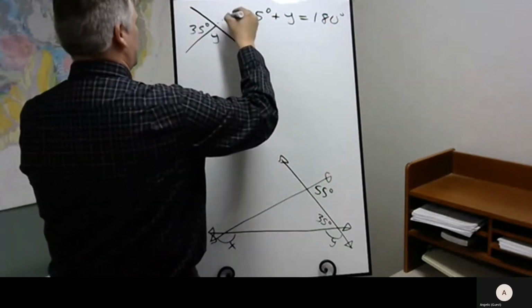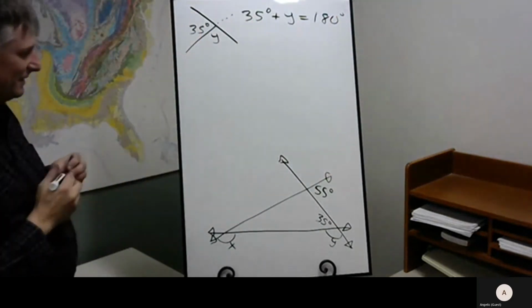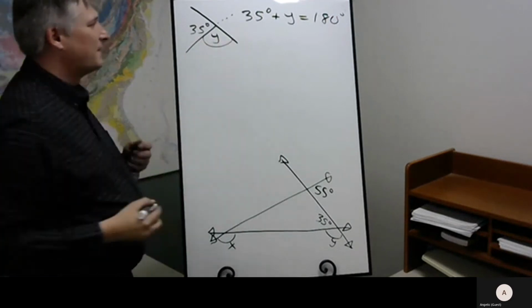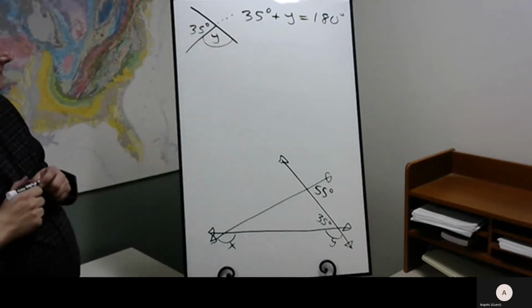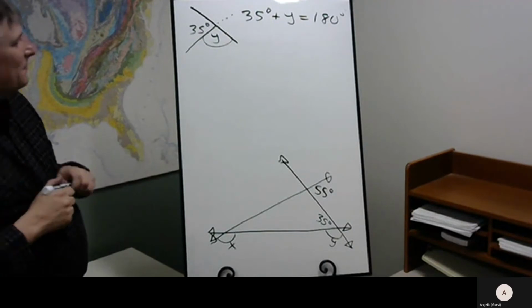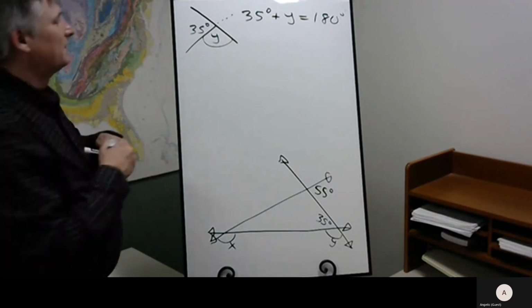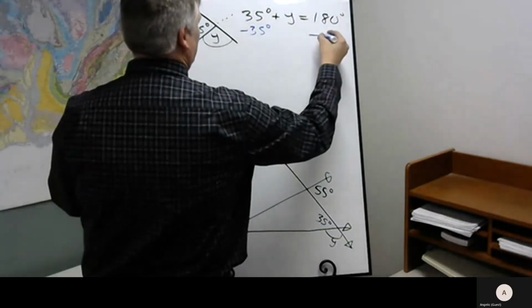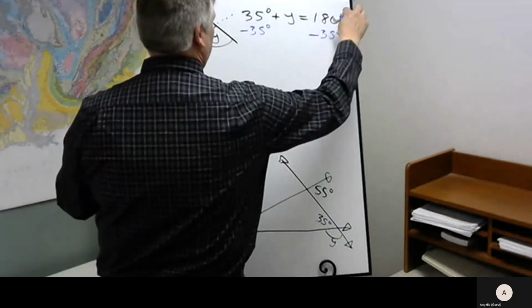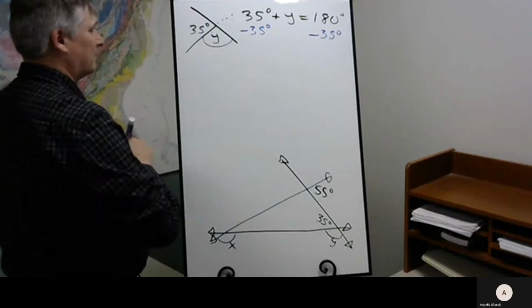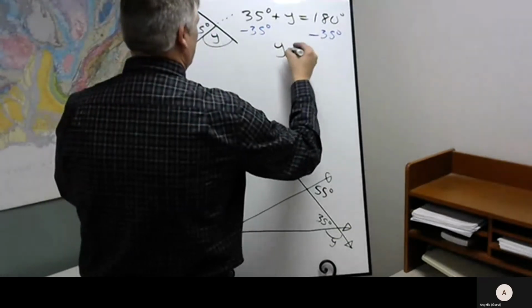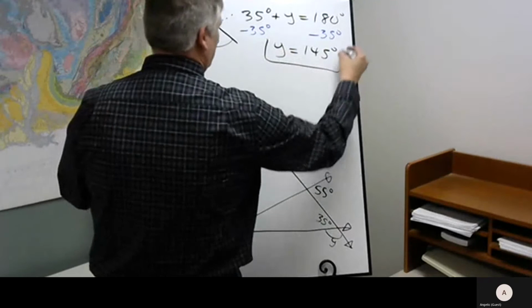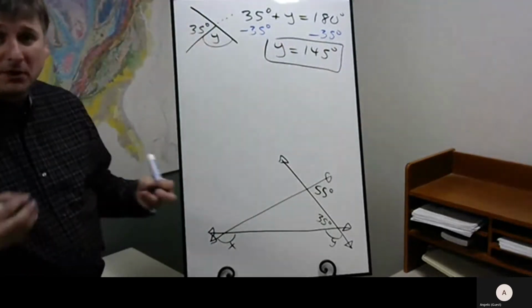And then this keeps going. So if we zoom in on this little part, this is what we've got. So solving for y, and there we go. There's y.